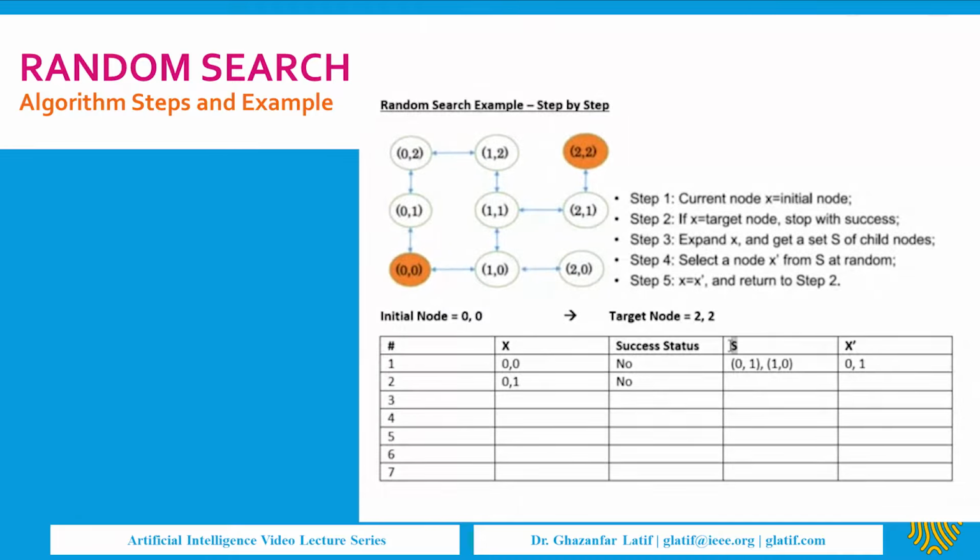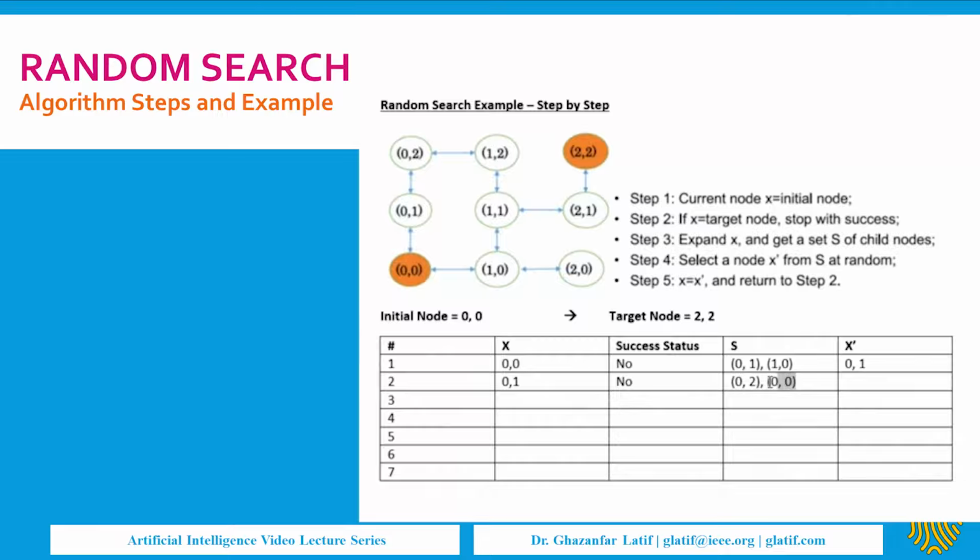If it is not, get the child nodes of 0 1. So what are the child nodes of 0 1? 0 1 has child nodes 0 2 and 0 0, itself also. So I will write down 0 comma 2, and I'm going to have 0 0 also, because these are also connected to 0 1.